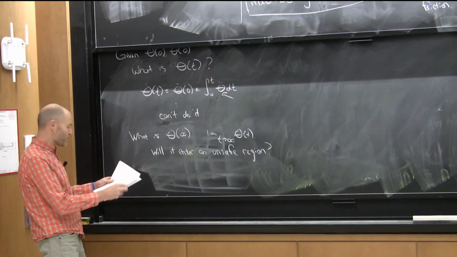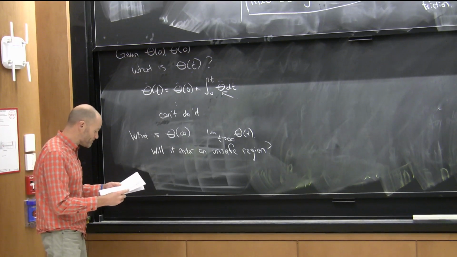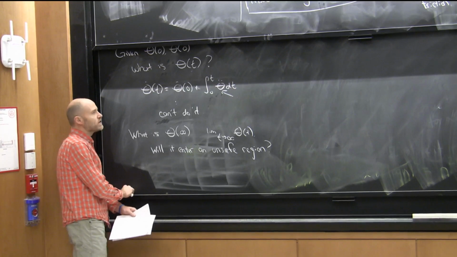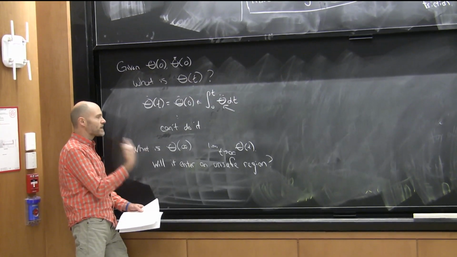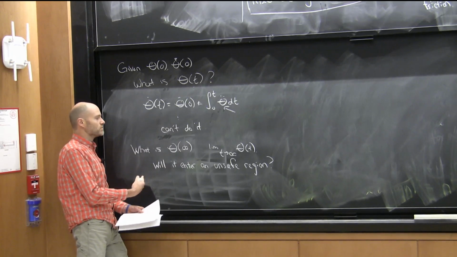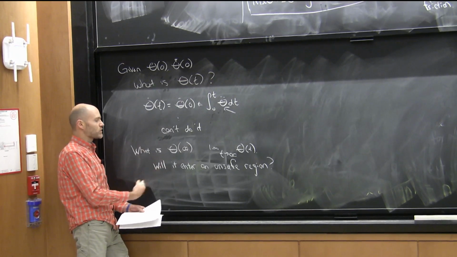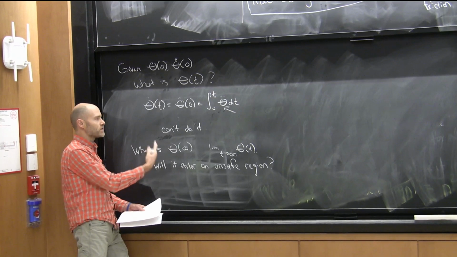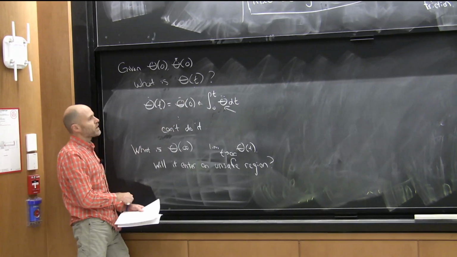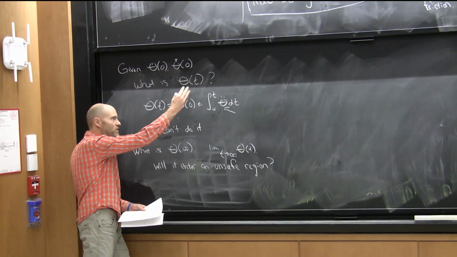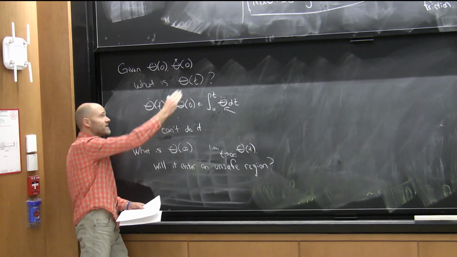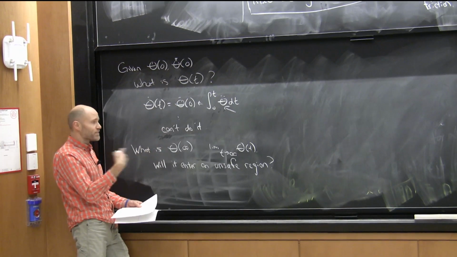So it's a new world of these nonlinear systems, and we need new tools to think about them. We'll talk about Lyapunov analysis. We'll use lots of optimization and optimal control to think about them. And there are ways to solve these problems without solving the equation explicitly. The reason we can't solve this explicitly is because theta of t can do crazy things, both in time and in state.